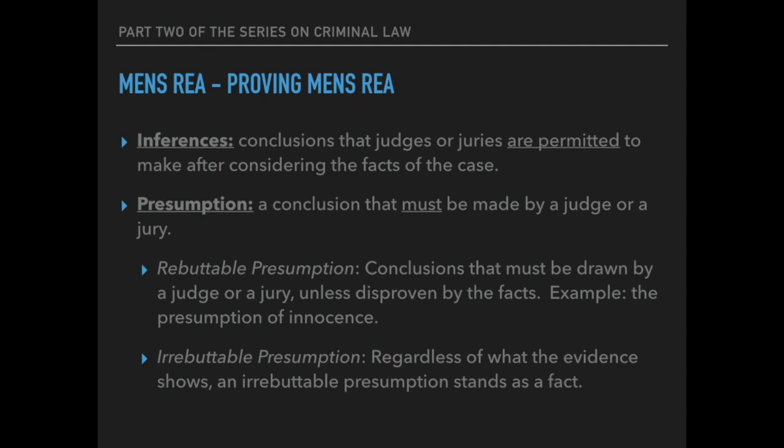Some other ways that you can prove the mental state, as you're thinking about this person's mental state, is you can look at inferences. These are conclusions that judges or juries are permitted to make after considering the facts of the case.